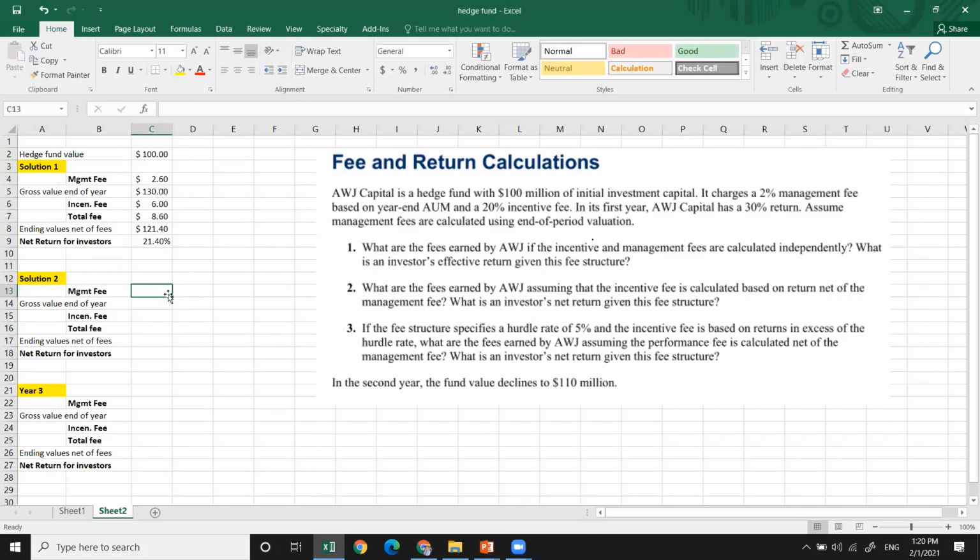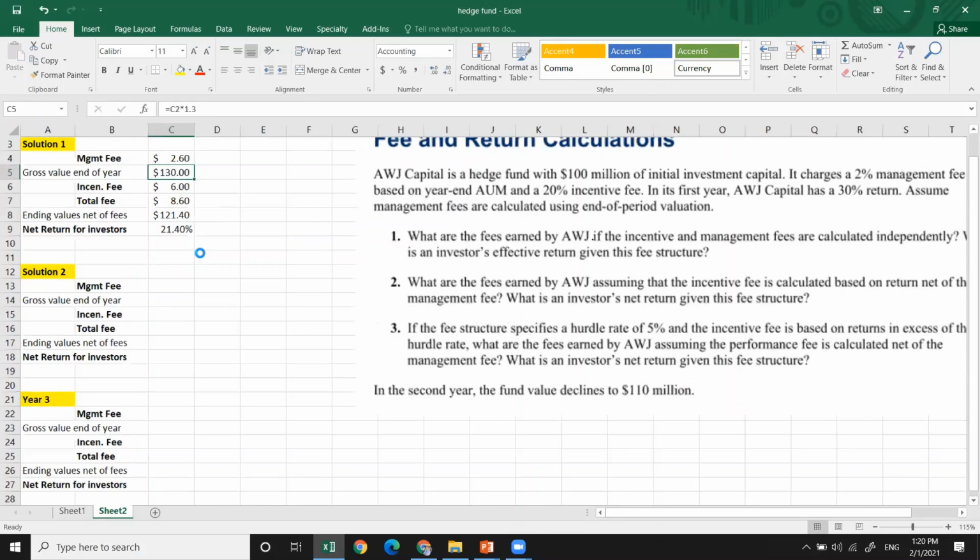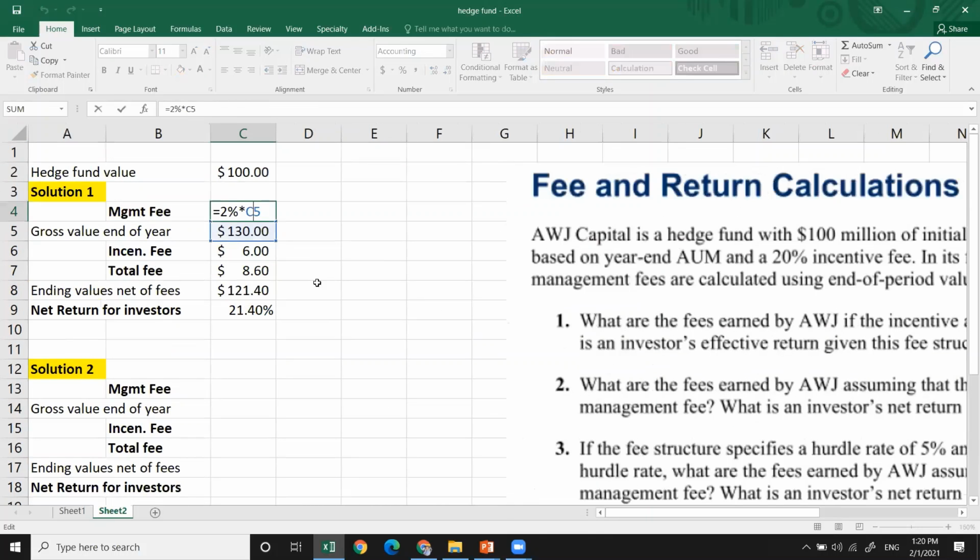Now, management fee for the second question. Before I move to the second question, do you have any questions related to the first question? Can you show the management fee formula, please? Just 2% multiplied by the gross value at the end of the year, which is 130. How much money they earned by using the 100 million.